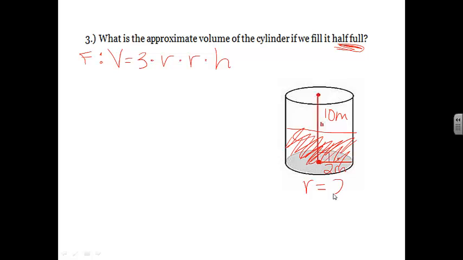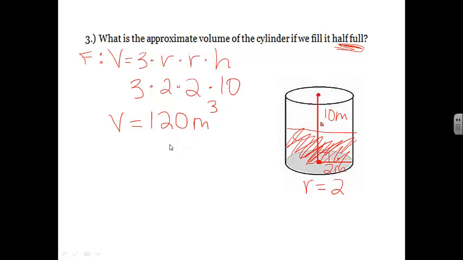Yes, I do. It's the radius, it's not the diameter. So I can use 2 for r. So now pi means 3, so 3 times 2 times 2 times 10 for my height. So when I multiply all this together, the volume of the entire container would be 120 meters cubed.